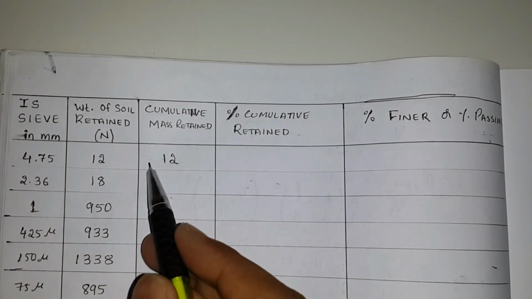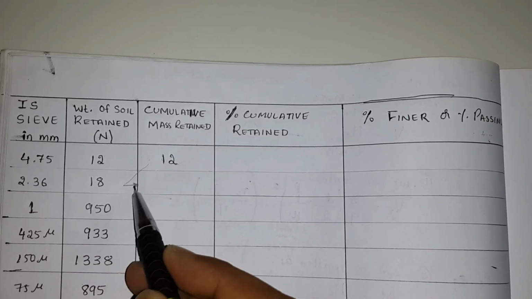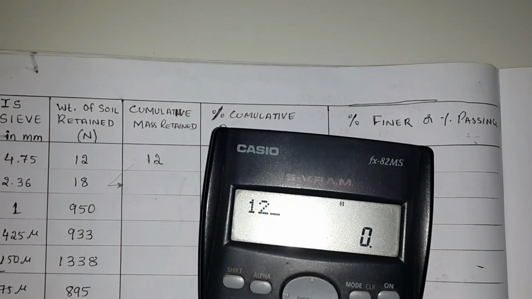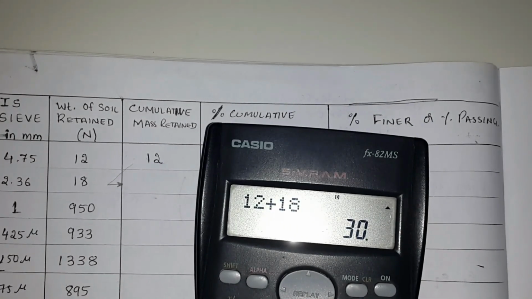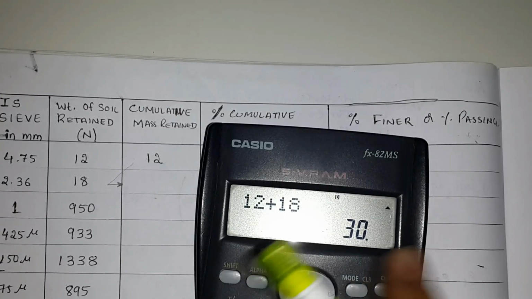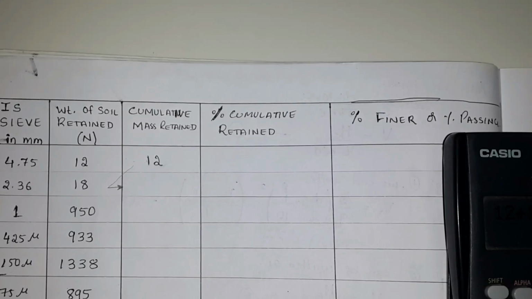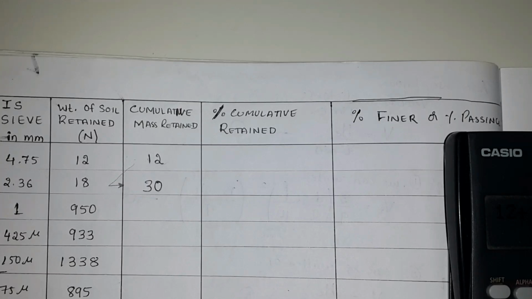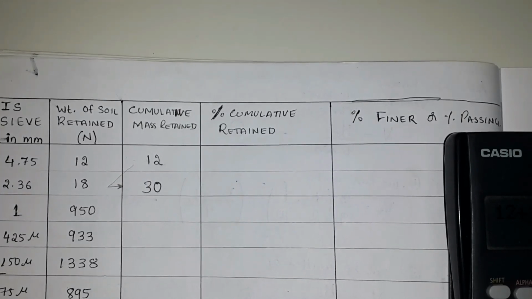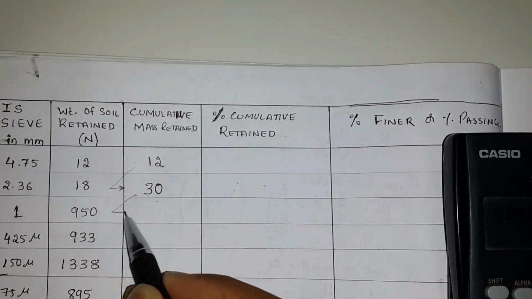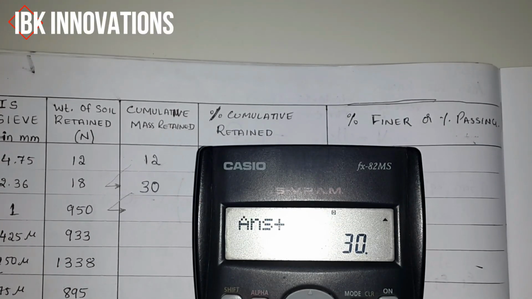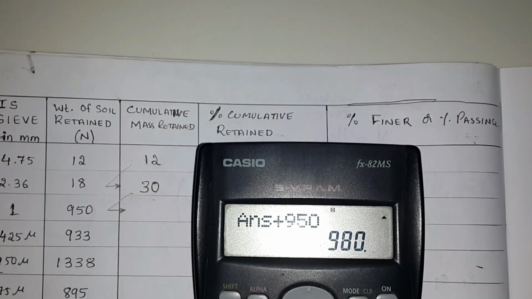That is 12 plus 18 gives 30. Then 30 plus 950 gives 980.